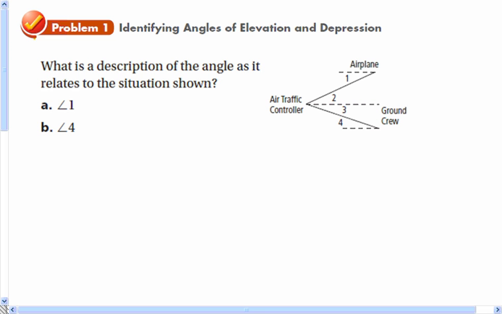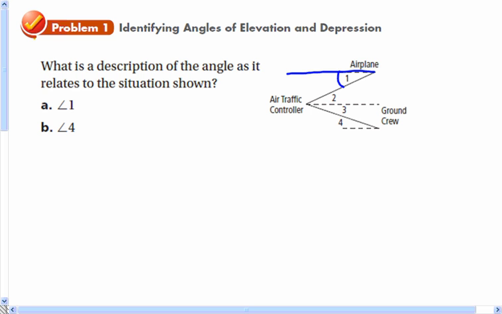All right, so keeping that information, let's write a description of a couple angles here as they relate to this situation. We're looking at angle 1 now. Notice that angle 1 is between the horizontal line and the viewing of the air traffic controller.